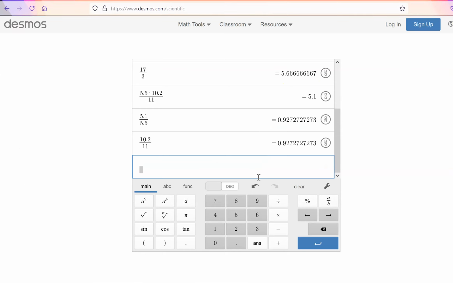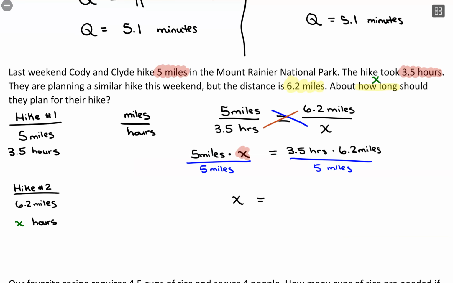I'm going to have this fraction with a 3.5 times 6.2, and then all of that will be over 5. And that'll give us 4.34. So numerically, we get a 4.34 out. And then for units, those miles will cancel out, so we'll just have hours left over. And that would be our answer. So if they're hiking 6.2 miles, that should take them 4.34 hours.